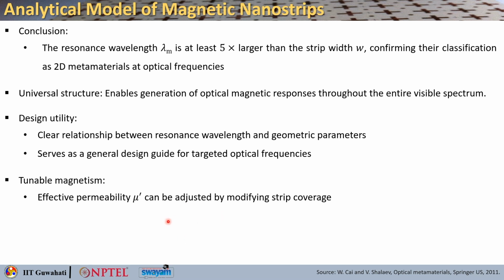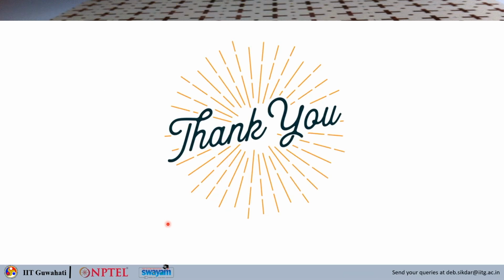So, you can get mu prime based on your requirement just by changing the coverage percentage of the strip. Therefore, the coupled nanostrip structure can serve as a general building block for producing controllable optical magnetism for various practical applications. So, with that we conclude our lecture.